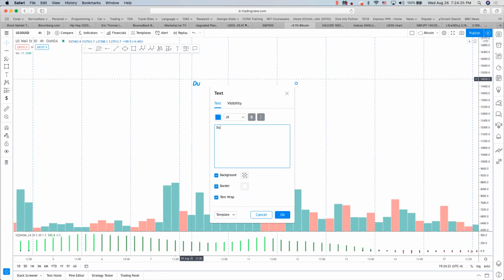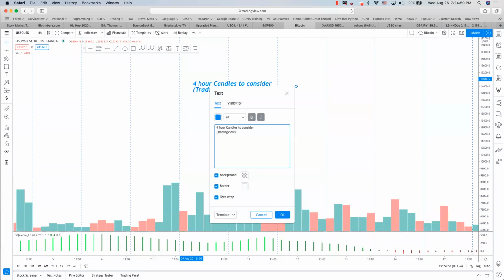During the London session, it is the one on TradingView. And I have to note this on TradingView because it's different on MetaTrader.